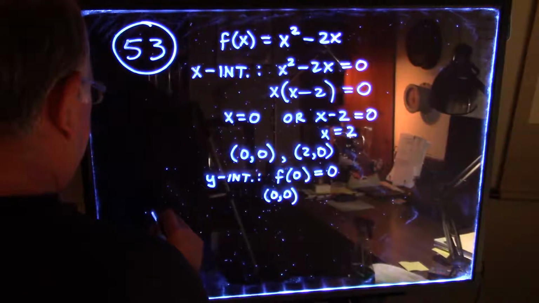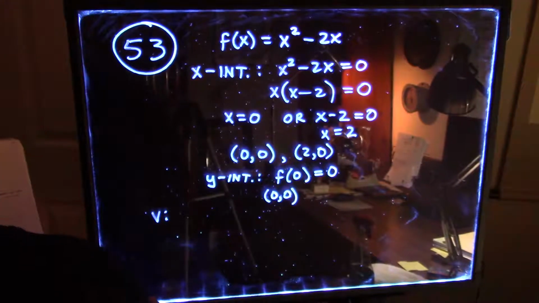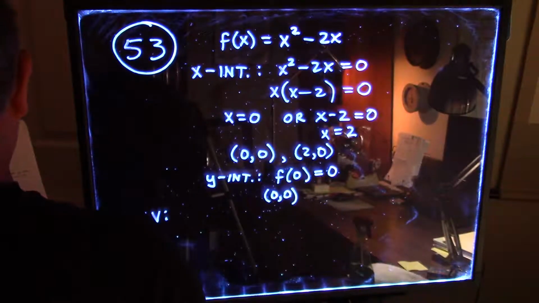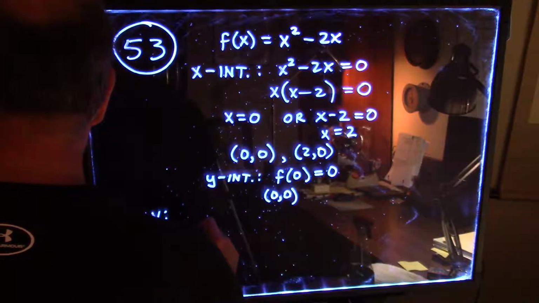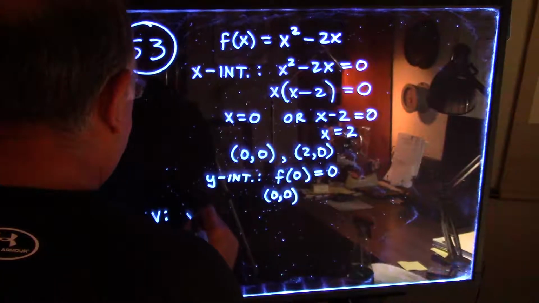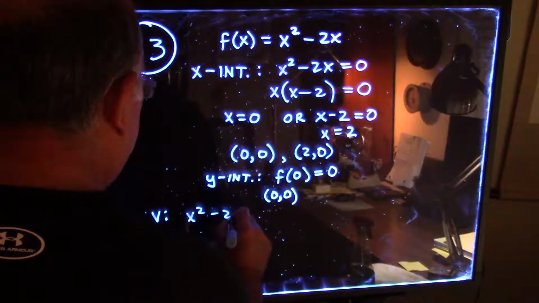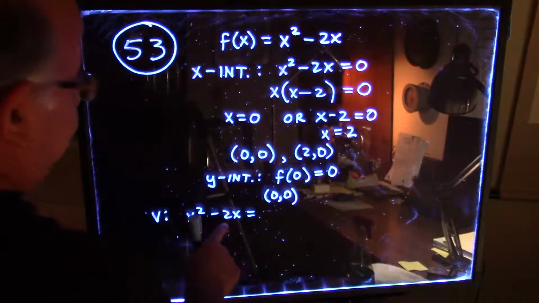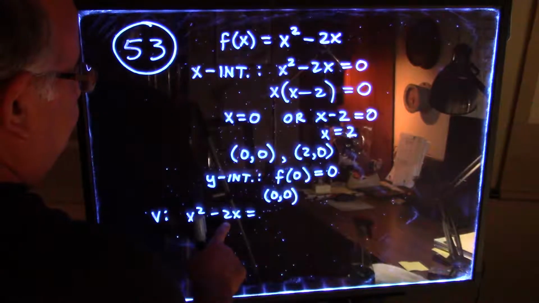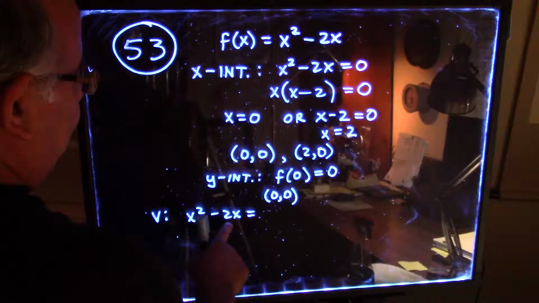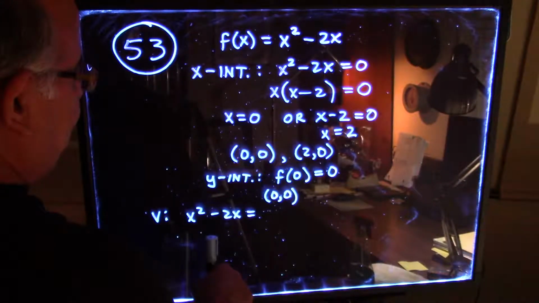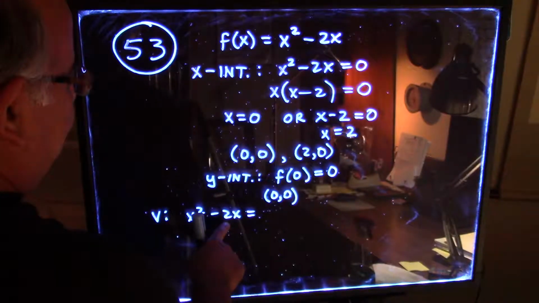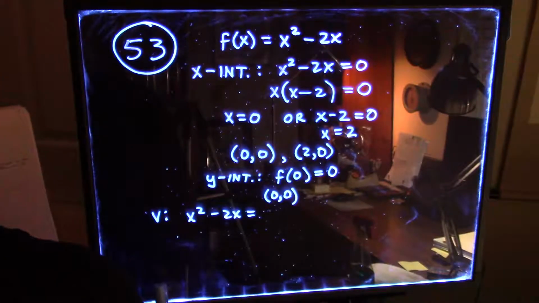How about the vertex? Call that V. Well, you can complete the square. We've got x squared minus 2x, and that's equal to, take half the coefficient of x. That would be -1, although the sign really doesn't matter because you're going to square that anyway. -1 squared is 1, and then you add and subtract 1.